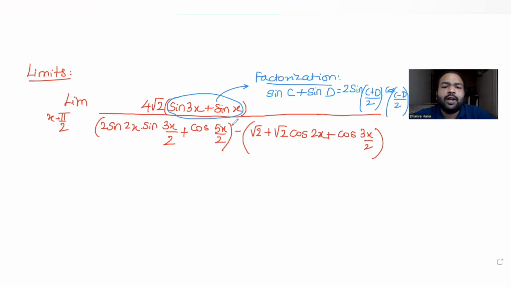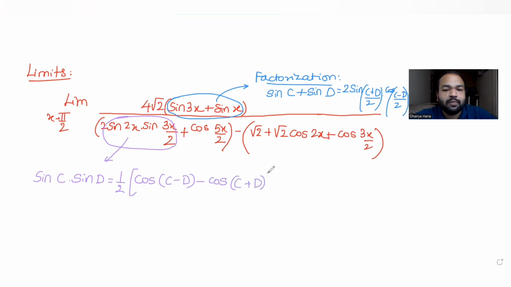Then in the denominator there is a product of two sine terms, so I can use the defactorization idea: sin c into sin d equals half of cos of (c minus d) minus cos of (c plus d). Let's apply these two ideas first, and then we can simplify the numerator and denominator.